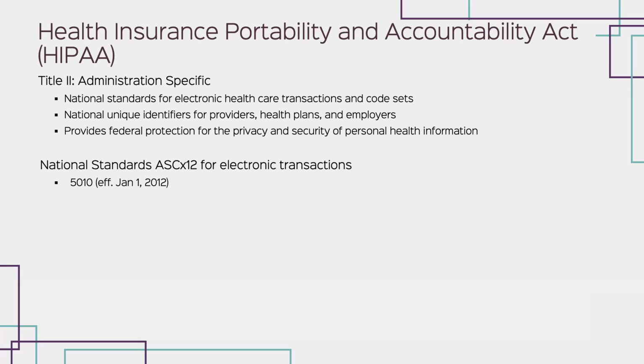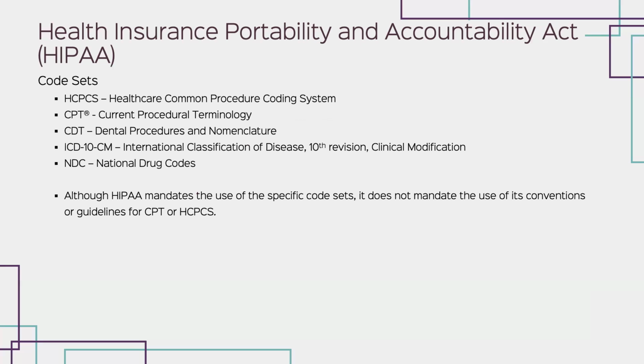HIPAA does require that there is a standard electronic format for any transactions. And it was essential in moving forward with the transition from ICD-9 to ICD-10. So the code sets that are covered underneath HIPAA are going to be your HCPCS, your CPT, CDT, ICD-10-CM, as well as your national drug codes.